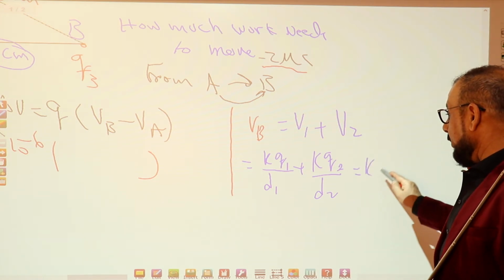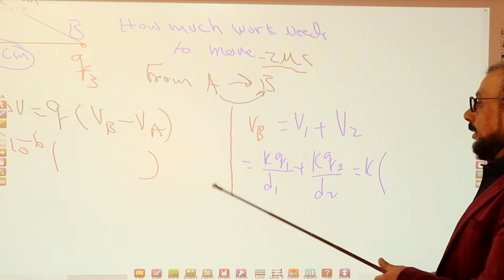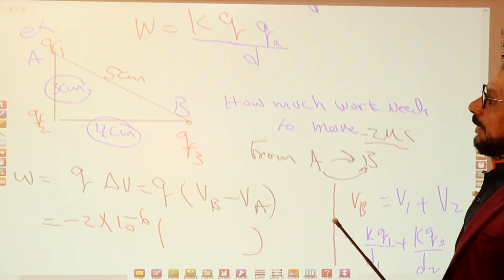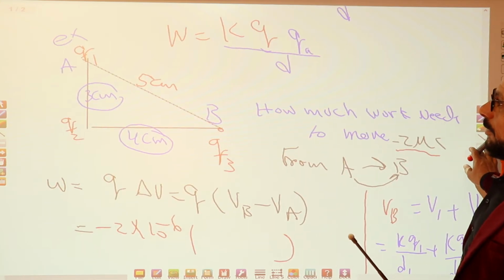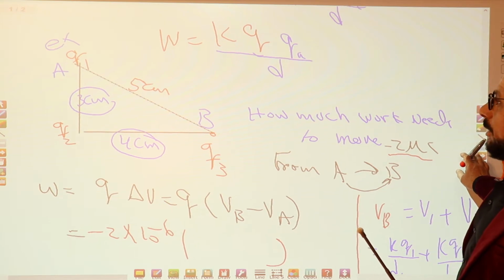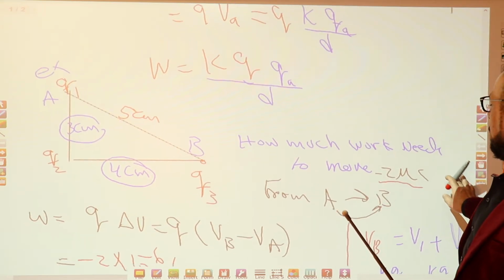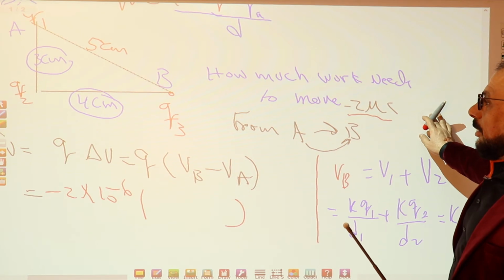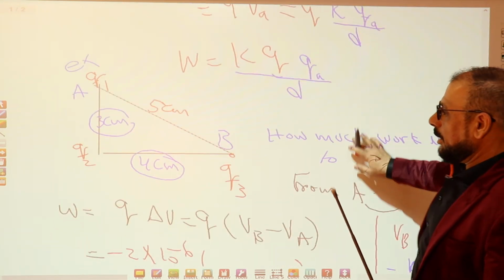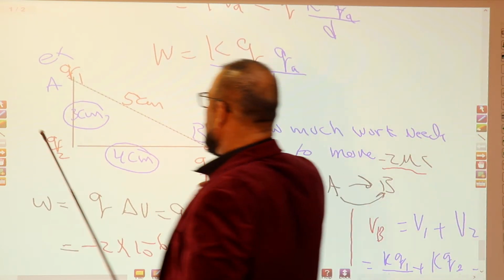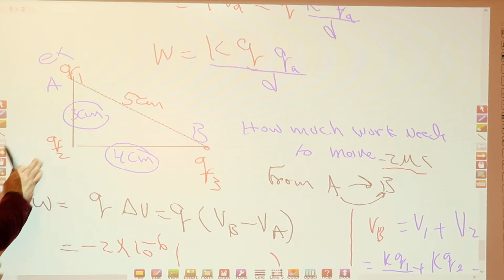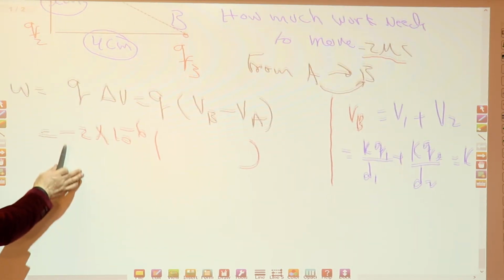Now, look how easy this problem can be solved. K is the common factor. Q1, how much is Q1?